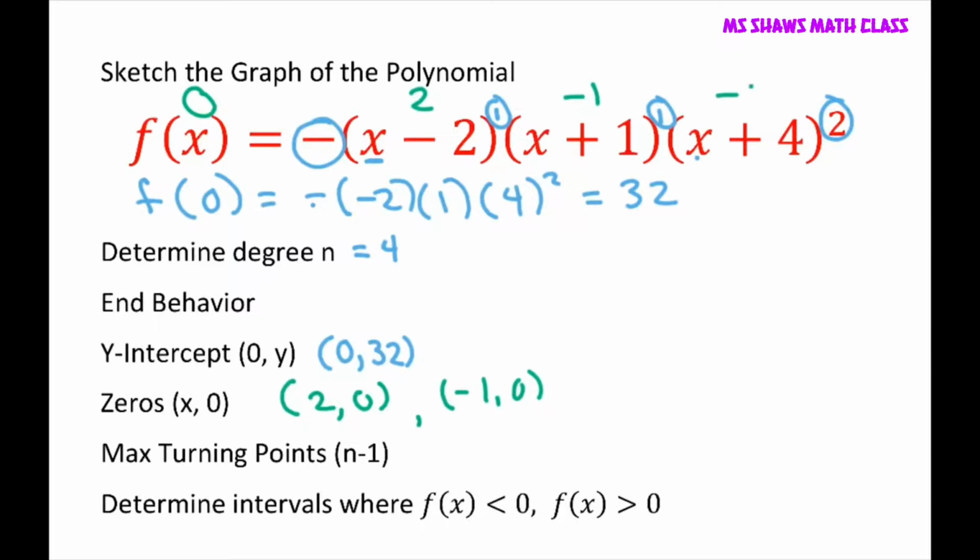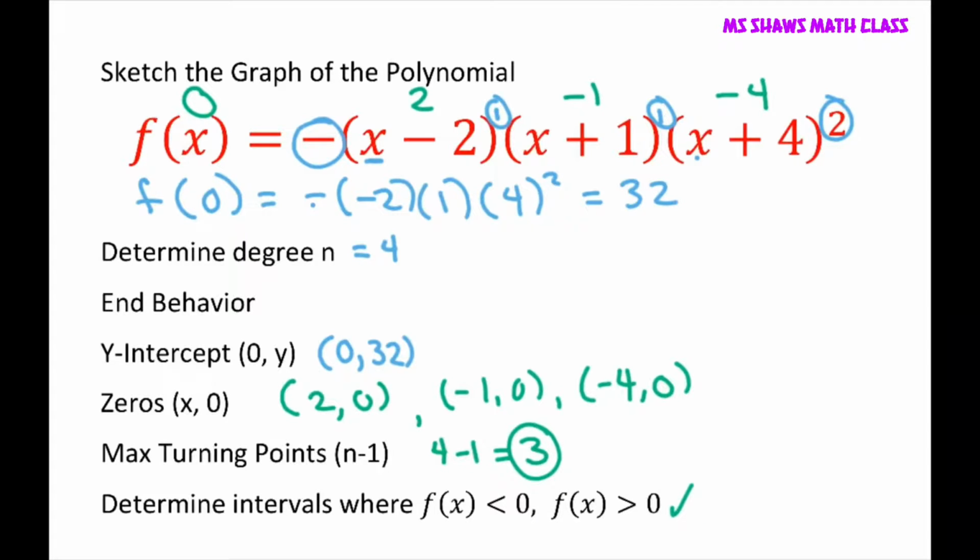And also negative 4, that will make it 0. And our maximum turning points for this is going to be 4 minus 1, so we have at most 3 turning points. We're going to determine intervals where y is negative and y is positive after we graph it.